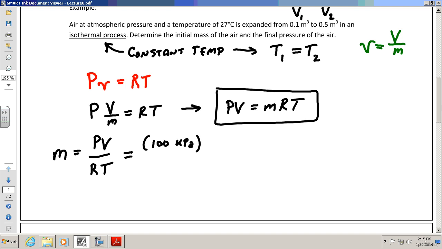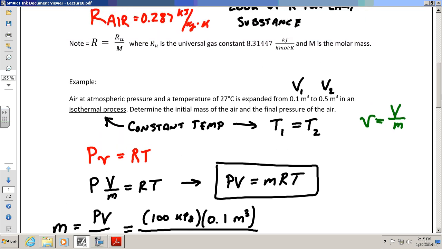Okay, 100 kilopascals. What's my initial volume? What's my volume before the process, right? 0.1 meters cubed, right? Everybody see that? Good. What's my R? Well, I just told you. I looked it up. R is 0.287 kilojoules per kilogram K.